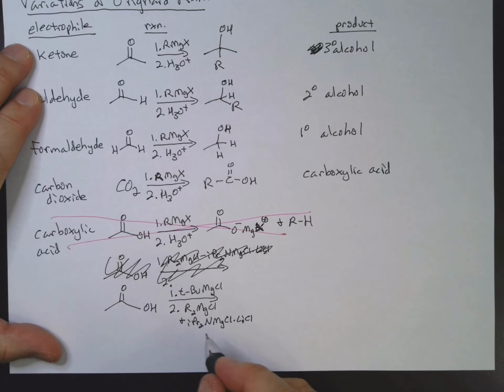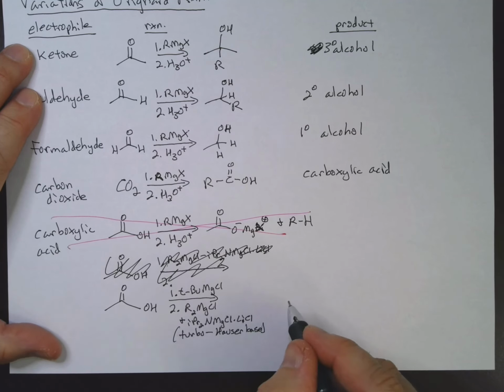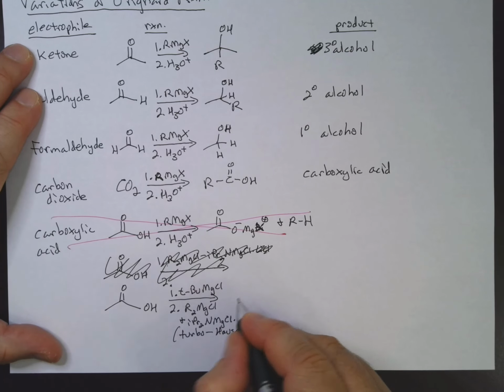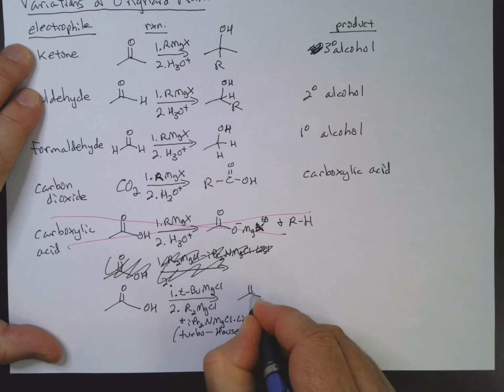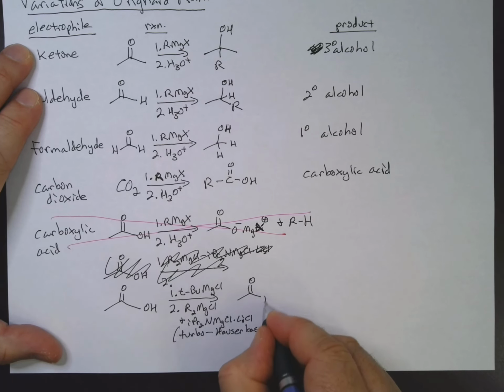Kind of a pain to remember. So this is our turbo-Hauser base. And we will end up getting now a ketone.